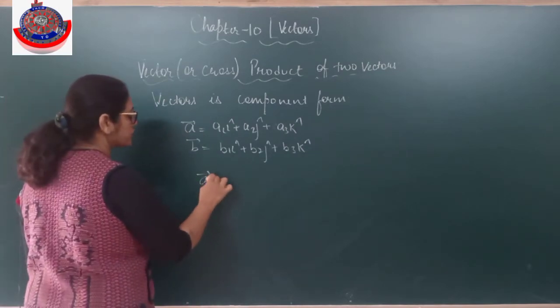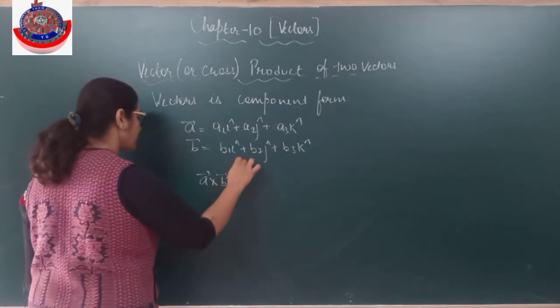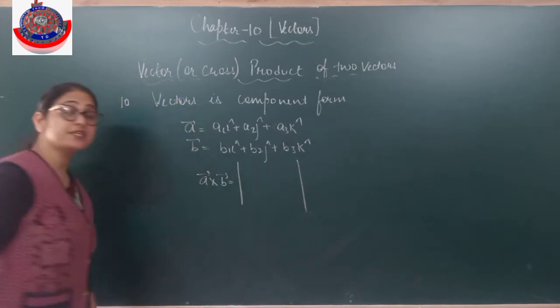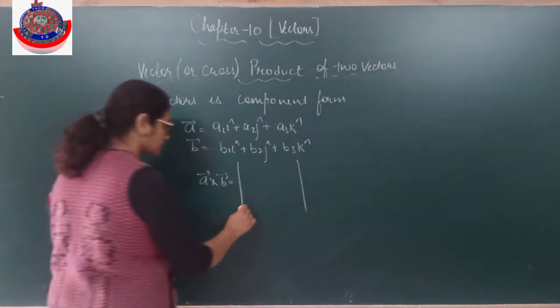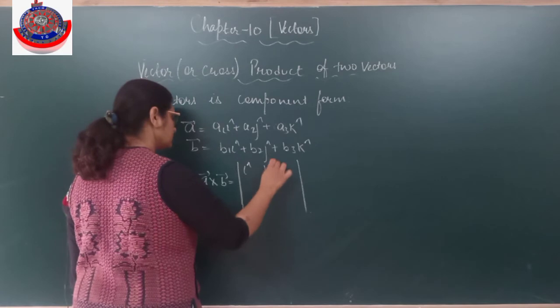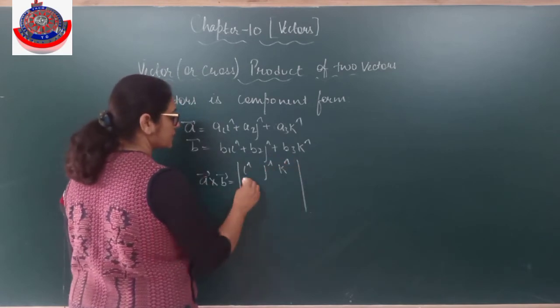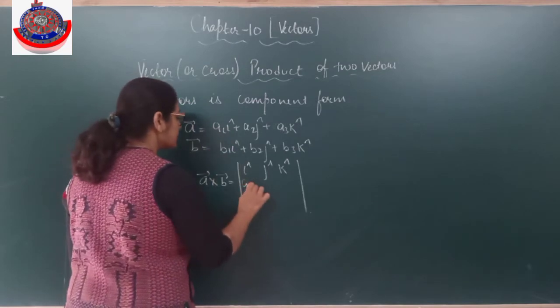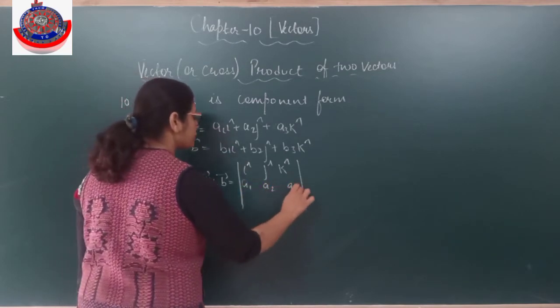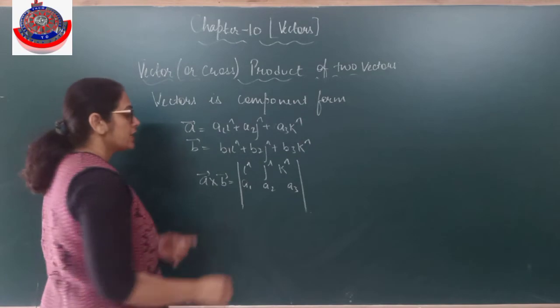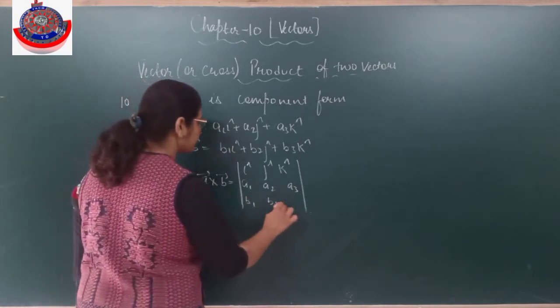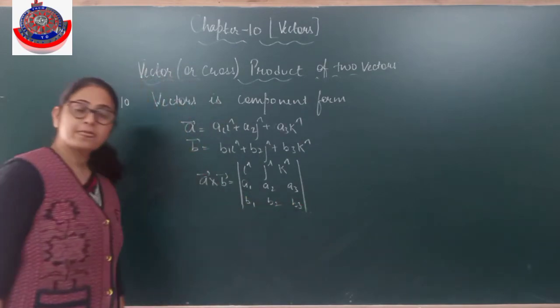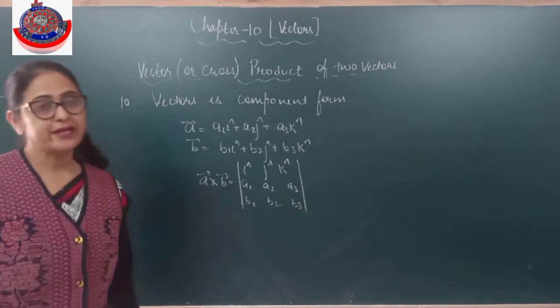Then A cross B will be found as the determinant of: first row will be I, J, K cap. Second will be the direction ratios of the first vector. Third row will be the direction ratios of the second vector. Is it clear? Now I need to find out its determinant.